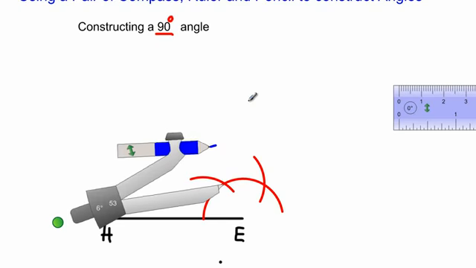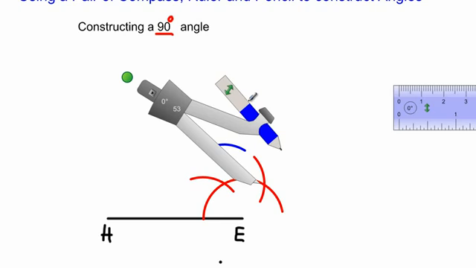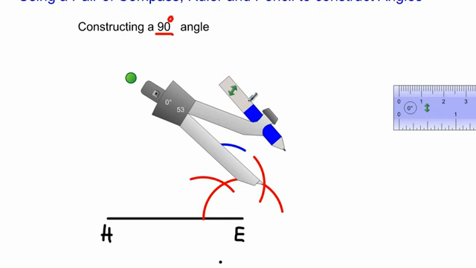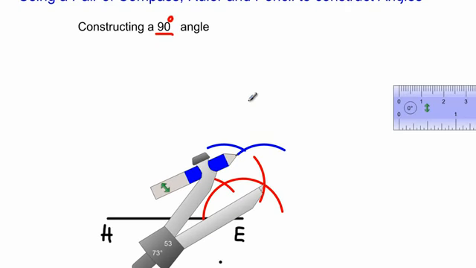I'm going to swing an arc up here. Then I'm going to place it at this intersection, because I'm cutting this 60-degree into two equal parts, and swing another arc right there. Now if you notice, these two arcs have just intersected.